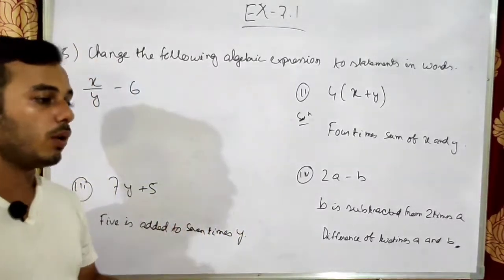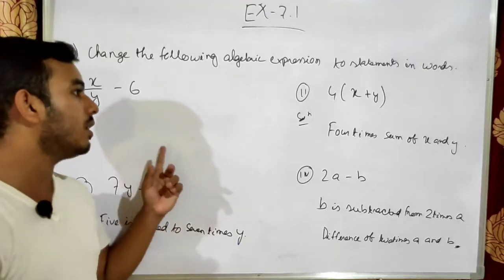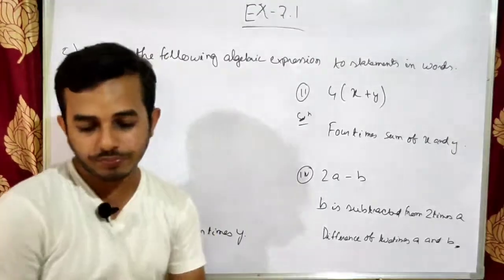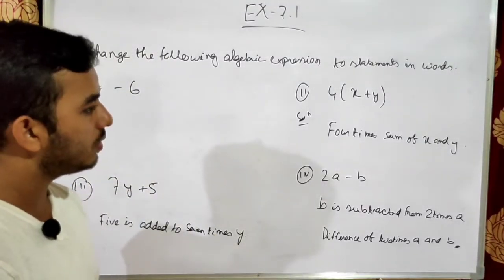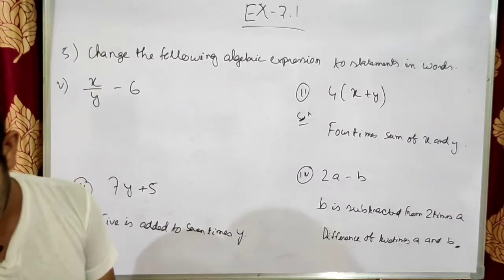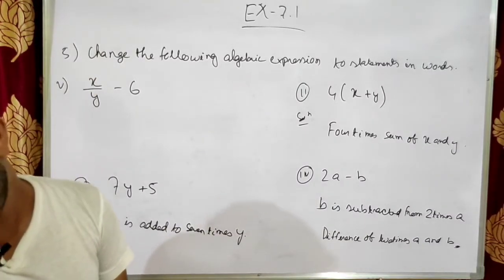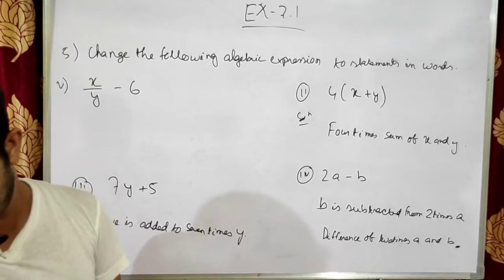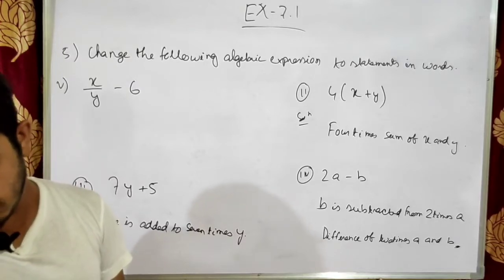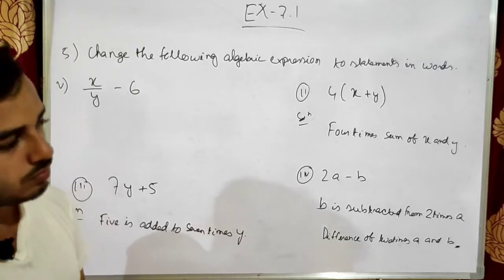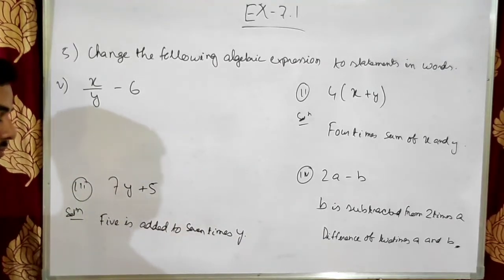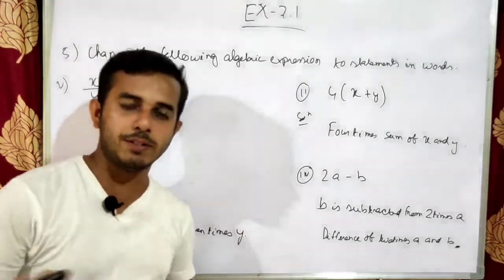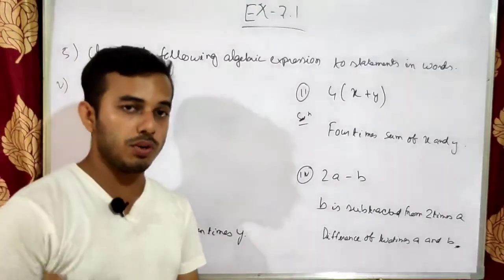So 6 is subtracted from the quotient of x and y. What I told you, that will be our expression: 6 is subtracted from the quotient of x and y.